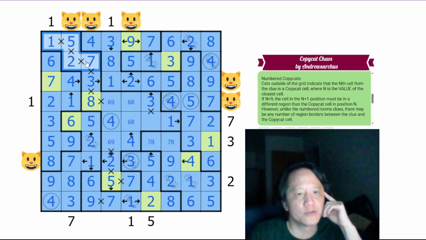Right? 1, 2, 3, 4, 5, 6, 7, 8, 9, and then that would be 10. So this must be part of that region. This must have 4 cells in that region. So this can only connect going this way. So then these are boundaries. And this is done as a region, and that's done as a region.